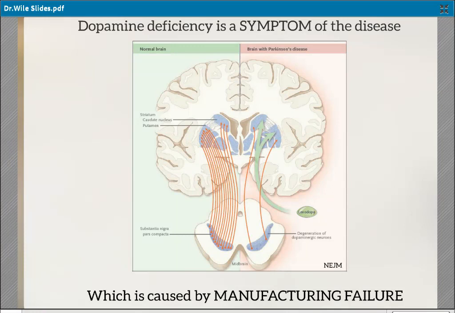So you have a problem with production of dopamine and release where it needs to work in the brain to control movement. This basal ganglia area up here is like a computer for movement, and then that sends a signal to the movement system in your motor cortex up here, and then that sends a signal down to your spinal cord.